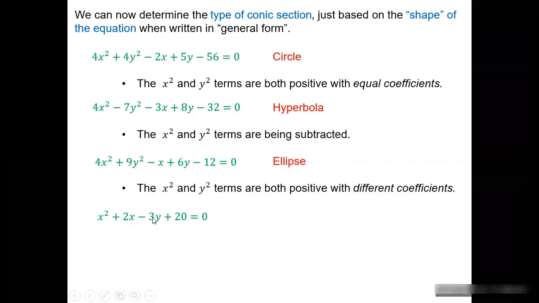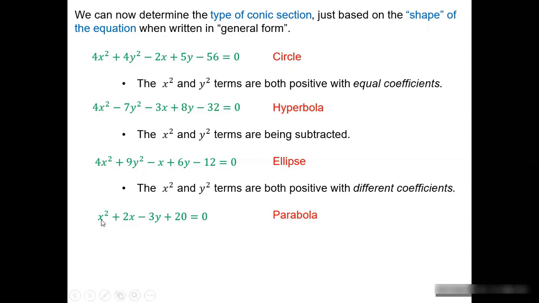And now we'll take a look at the x squared and y squared terms in this equation, but we should realize now that there is no y squared term. Only one of the variables is being squared, which tells me that it's none of the above. This is going to be the last conic section that we learn, referred to as a parabola. Now remember, parabolas are graphs of quadratic functions, and quadratic functions look like y equals x squared.